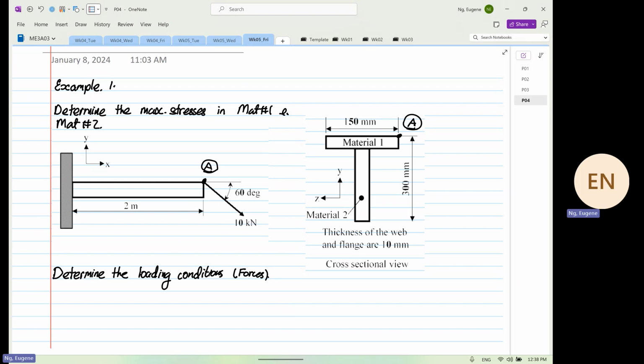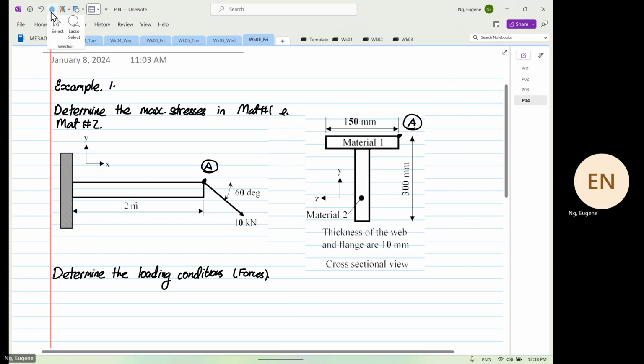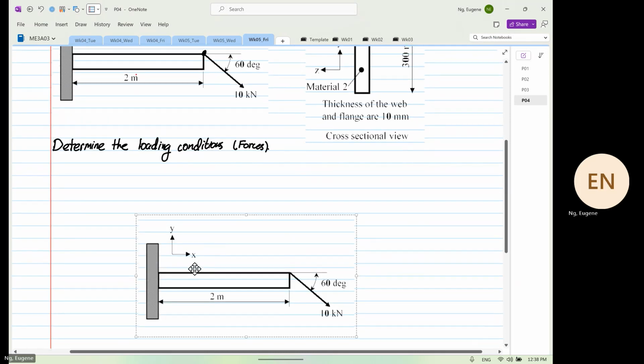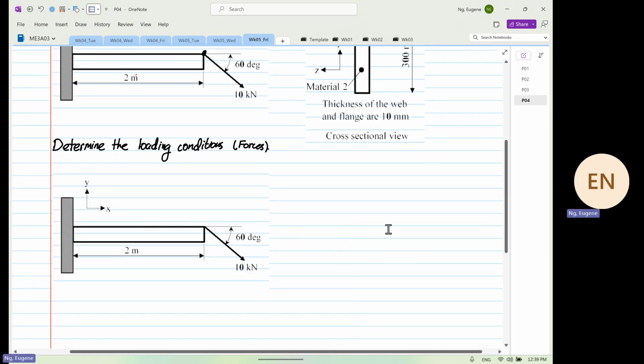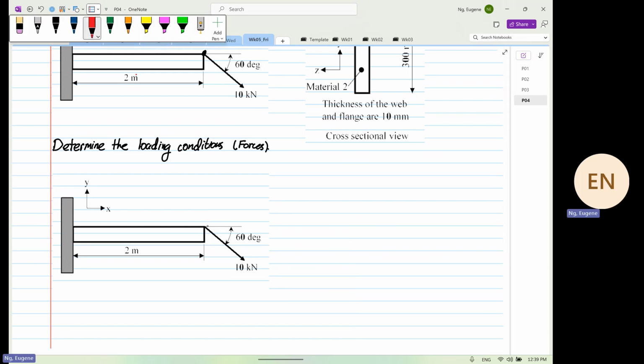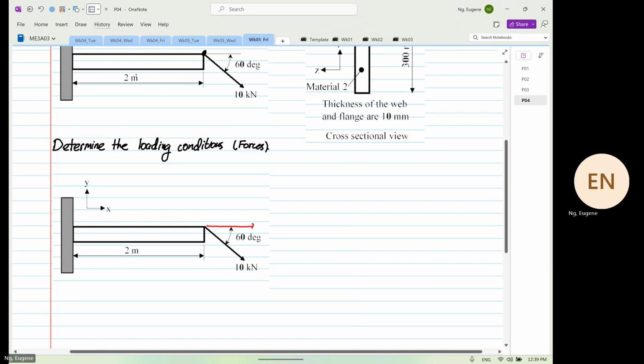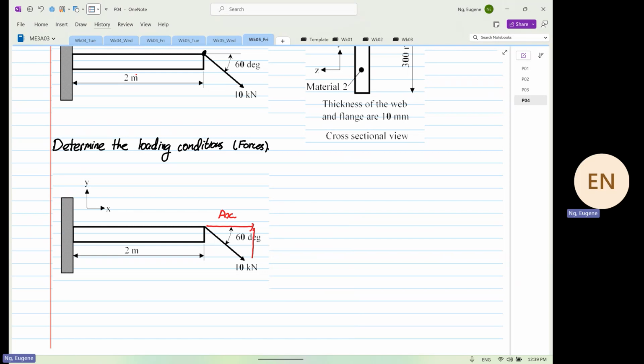So we know over here we have a load acting in this direction. Let me copy this. We know there's a load going in the horizontal direction. And this is our AX. And over here, we have our AY.